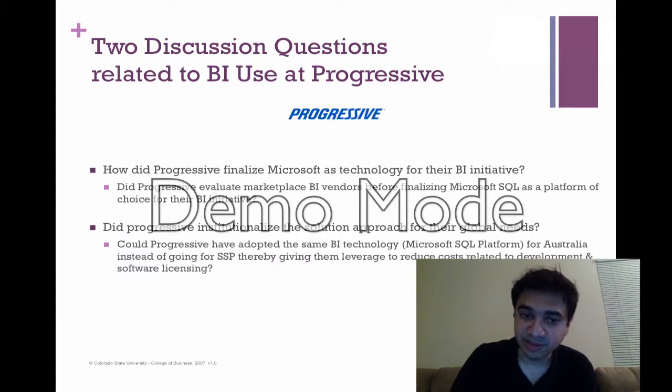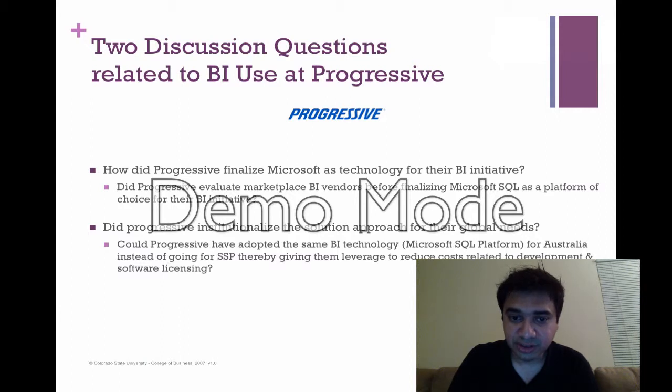The second question that comes to my mind is that Progressive Australia used a different solution altogether. Instead of using the Microsoft platform, they went for SSP. So could Progressive have institutionalized what they learned with Microsoft, since the solution worked for them? Could they have institutionalized the same technology stack for their global needs? Maybe Progressive could have adopted Microsoft SQL as a global standard for their BI platform.